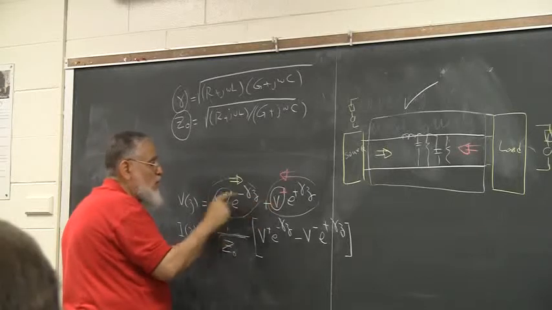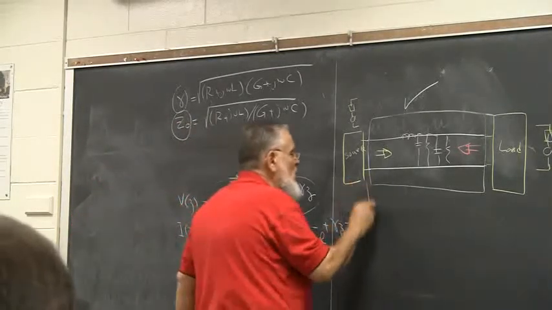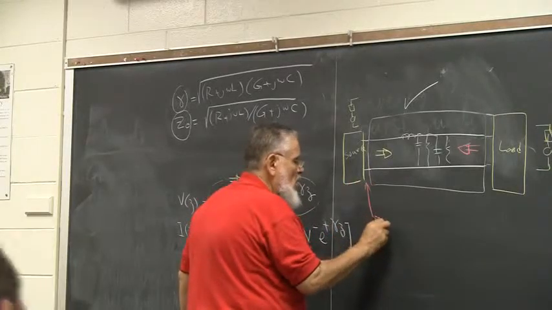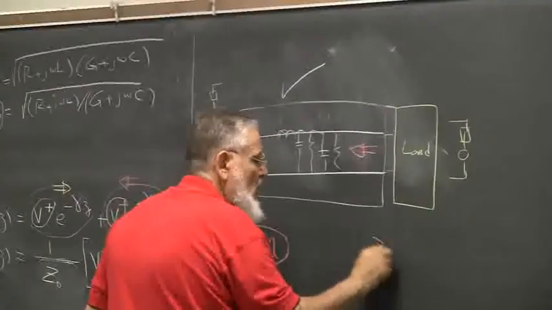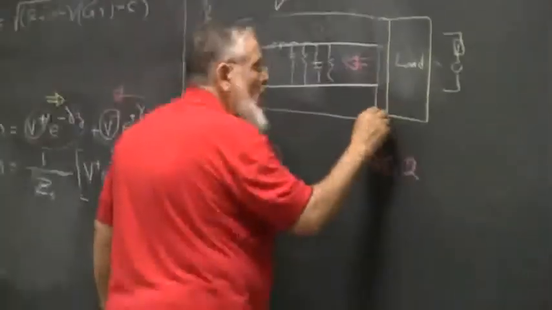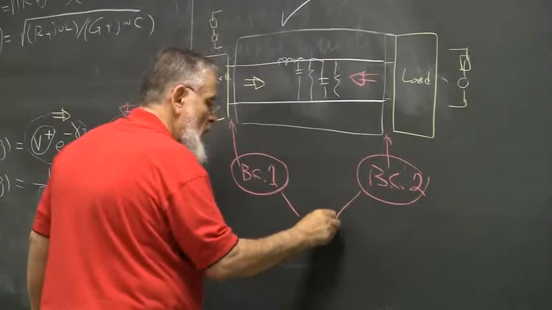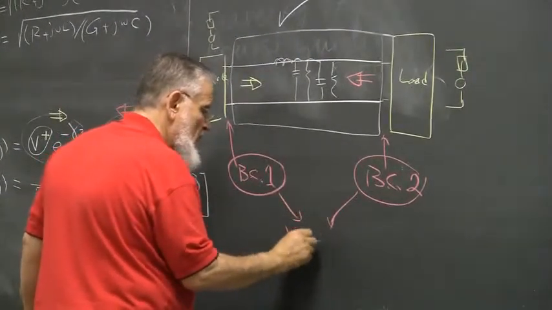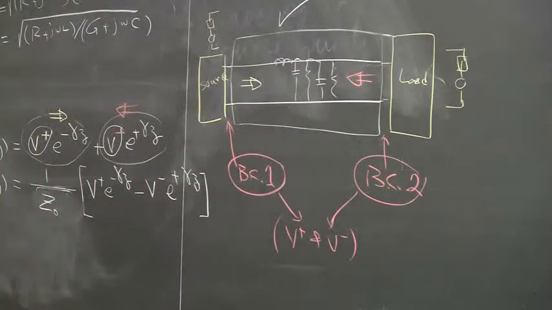So how can we determine these arbitrary constants? By applying the boundary conditions. Boundary condition 1 and boundary condition 2 are the boundary conditions that will determine the V plus and the V minus. They're going to be determined by these boundary conditions.